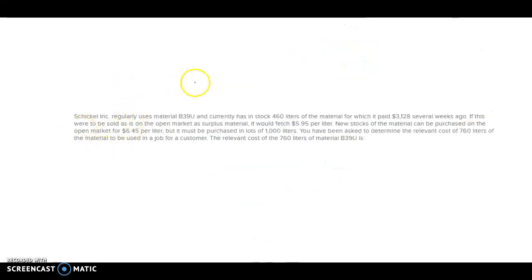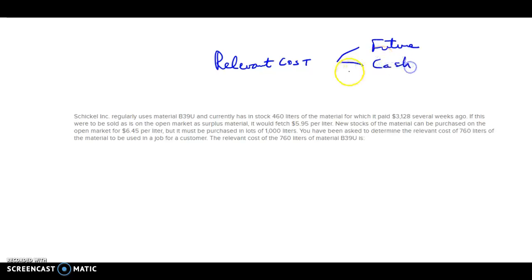Okay, here's yet another question on relevant costs. And we said relevant costs are future costs, they are cash costs, and they are incremental costs. So in this case, we want to know the relevant cost of 760 liters of B39U.